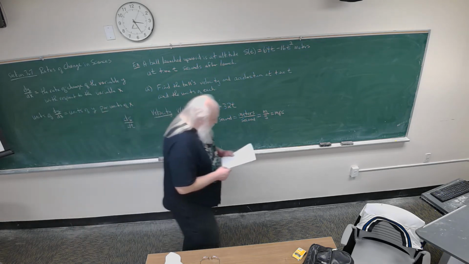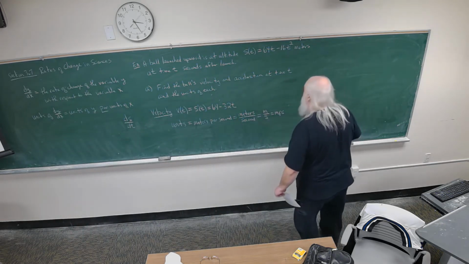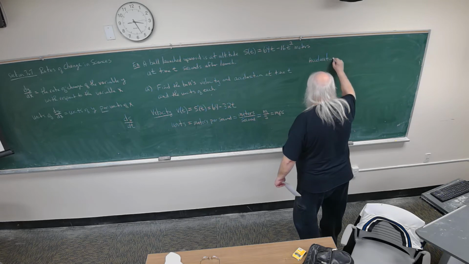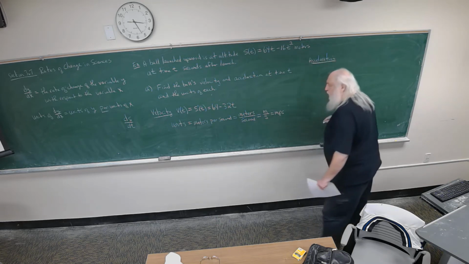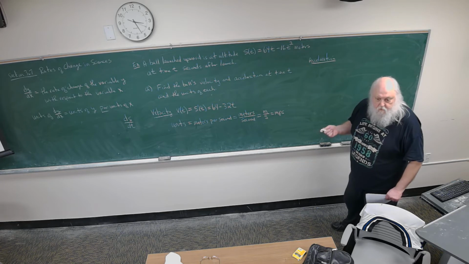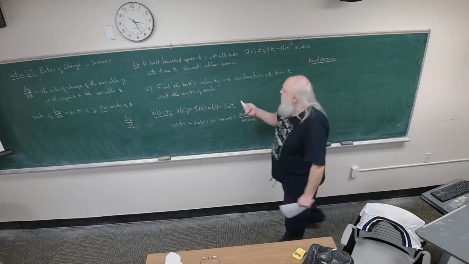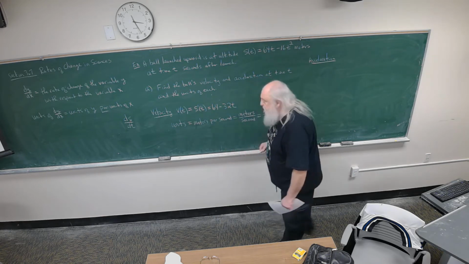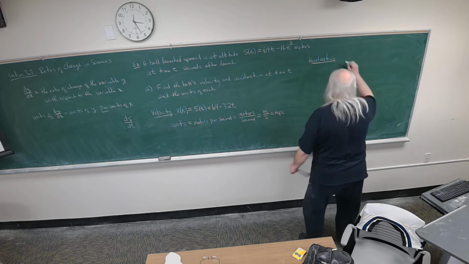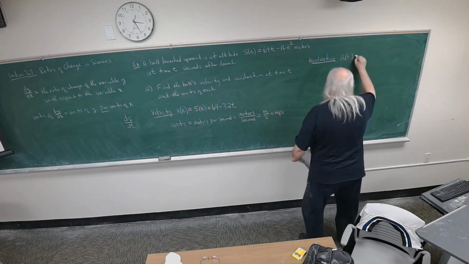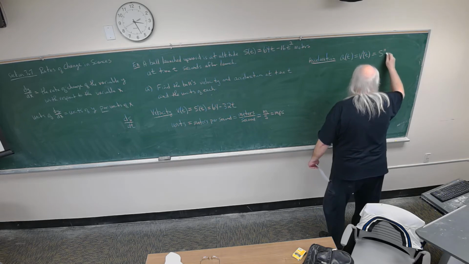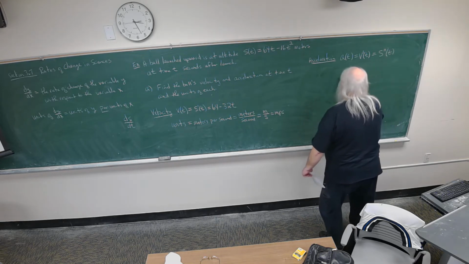All right. The acceleration. How do we find the acceleration? Second derivative of s of t, or the first derivative of v of t. So the acceleration a of t is equal to v prime of t, which is the second derivative of s of t.